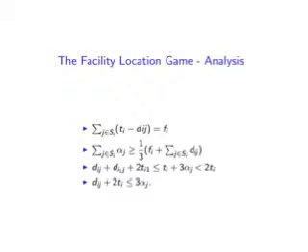Therefore, if we show that for every j in Si, alpha j is greater than or equal to Ti divided by 3, we get the expected result: the summation of alpha j over all j in Si is greater than or equal to 1/3 times Fi plus the summation of Dij over all j in Si.